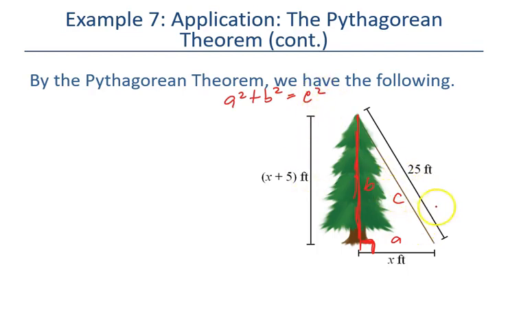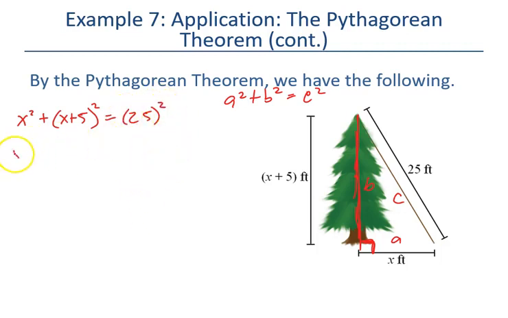Let's just plug all our values into that formula. You can make A or B whatever. So here I'm going to have x squared plus, well, my next part is going to be (x plus 5) squared equals, well, this right here is going to be 25 squared.